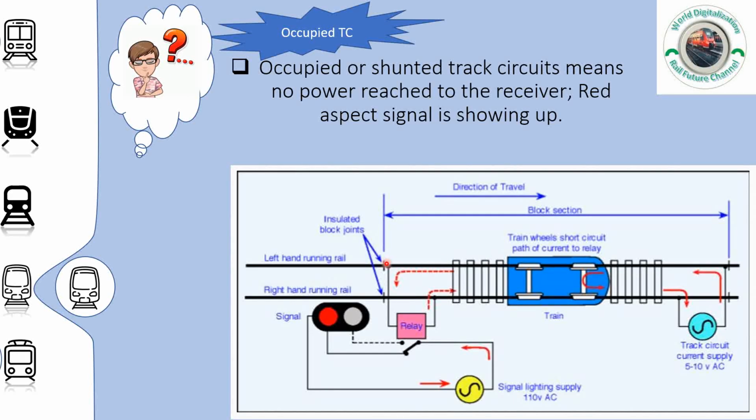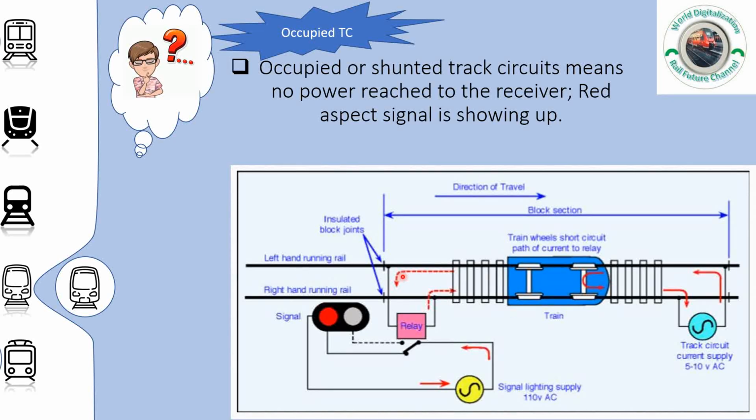So, what is the main advantage of the insulated block joints? As we mentioned before, a track circuit is an electrical circuit, so they make the isolation for each one. So there is electrical isolation over these joints to prevent any power coming from the adjacent track circuits to this one.